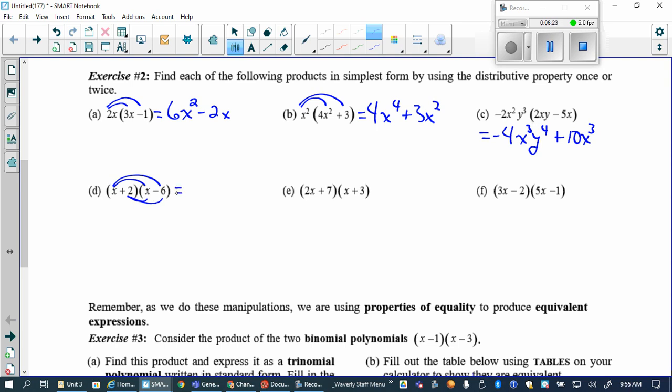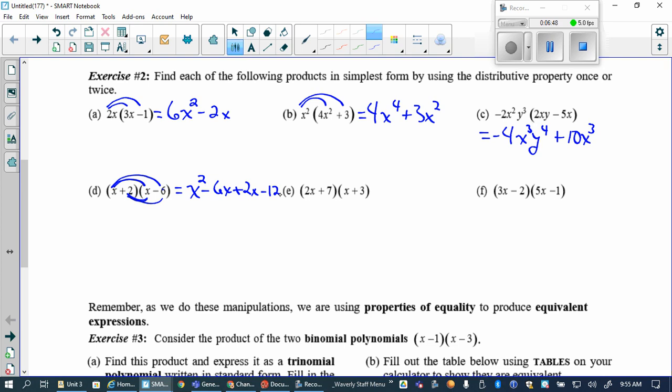So go ahead and distribute that x. X times x is what? X squared. X times negative 6. Negative 6x. Okay, now distribute the 2. 2 times x. Plus 2x minus 12.